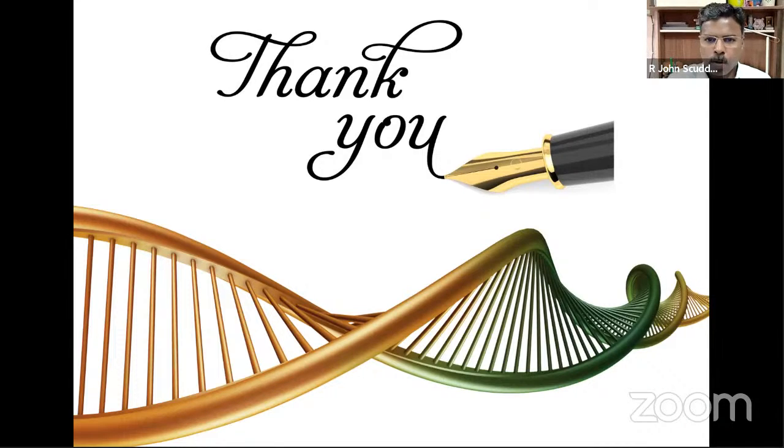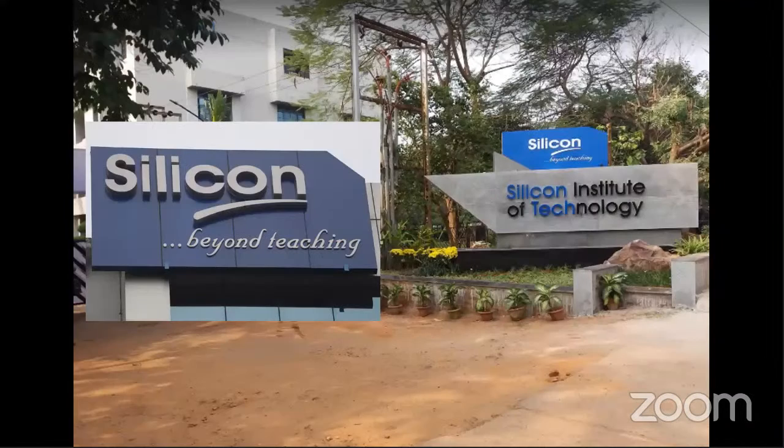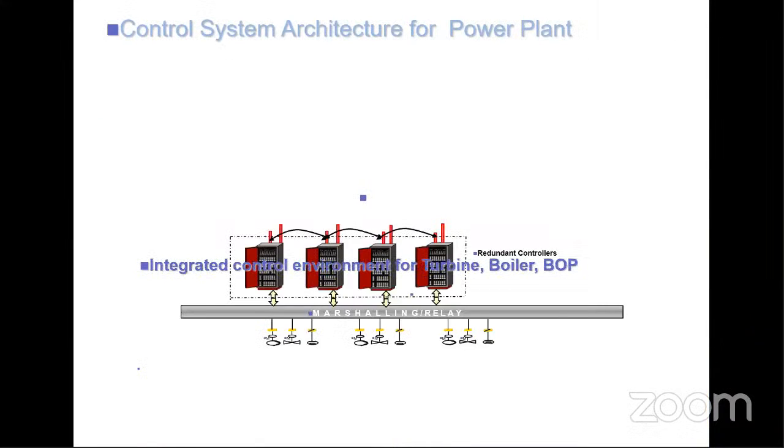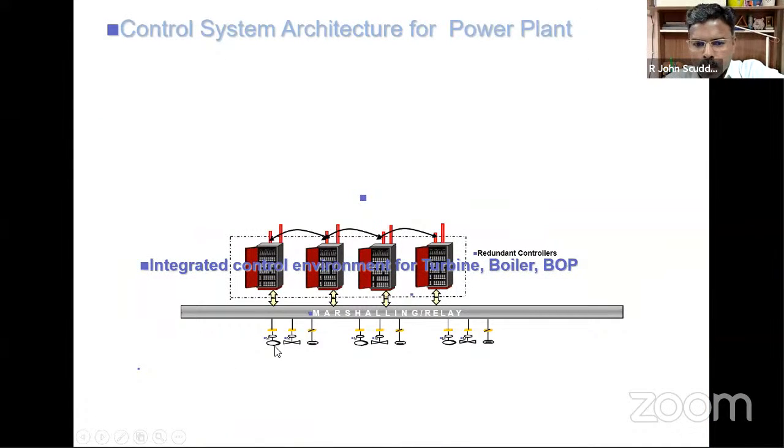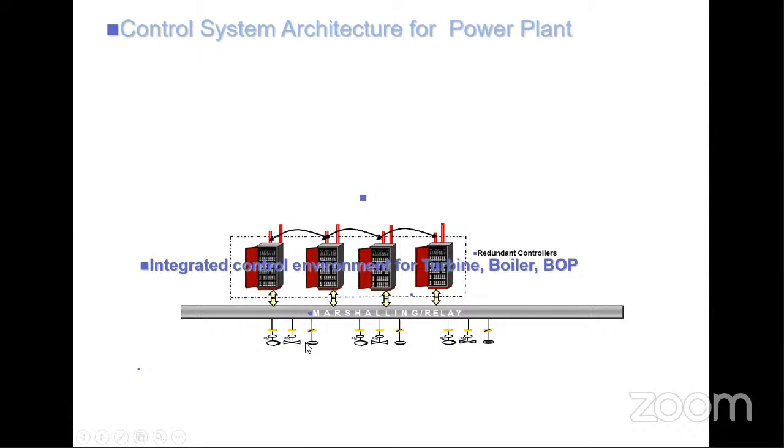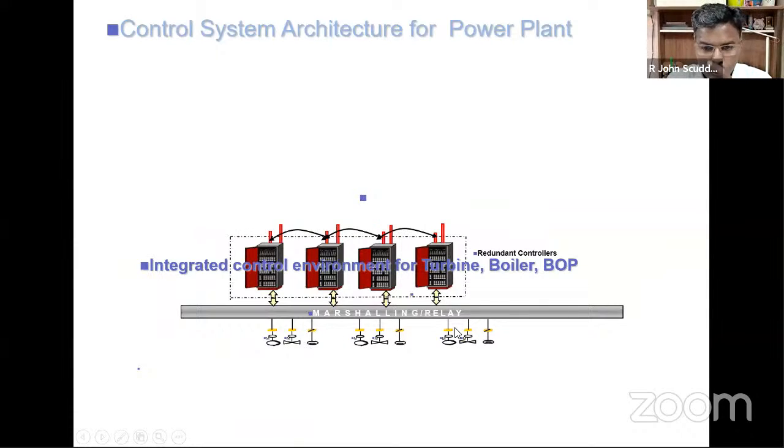Okay, so for that we'll go to this diagram. See, as I told you, the bottommost line, right? These are the field devices. All these devices enter into a marshalling panel or a junction box, which is just a physical termination unit only.